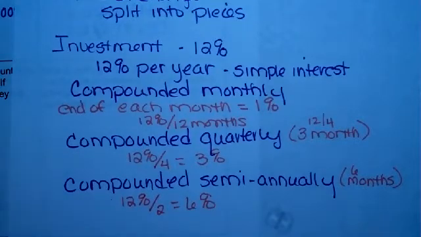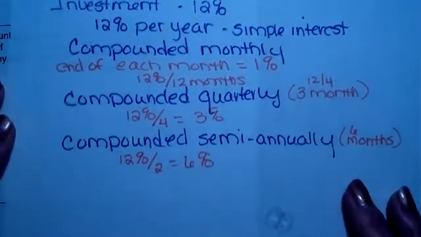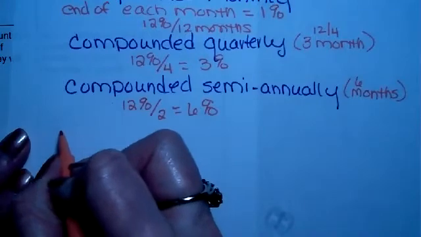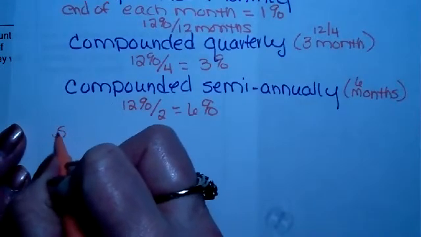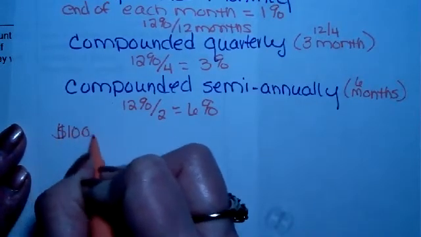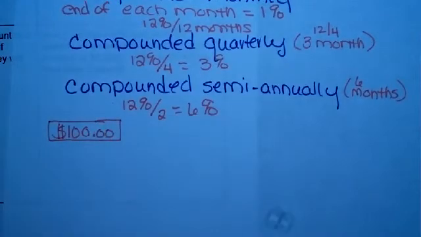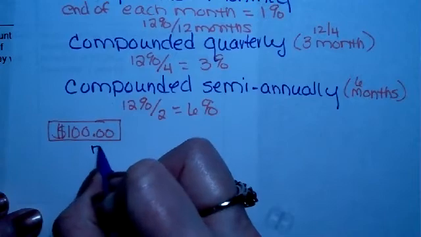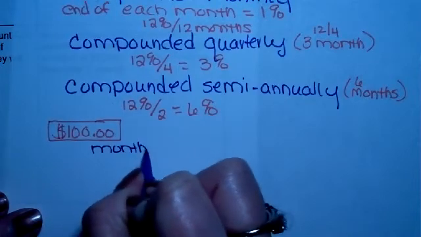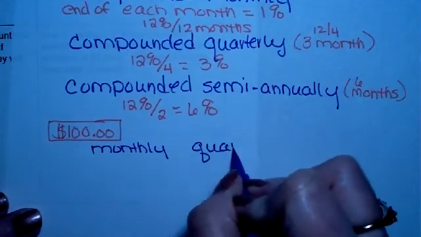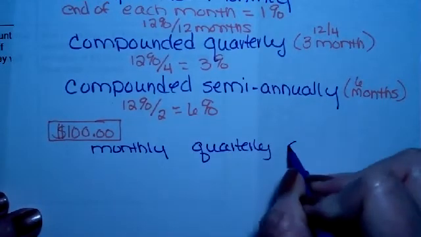Now I want to show you something. Let's say you start off with $100. We want to invest this $100, but we have some options. What if we wanted to look at it monthly, quarterly, or semi-annually?